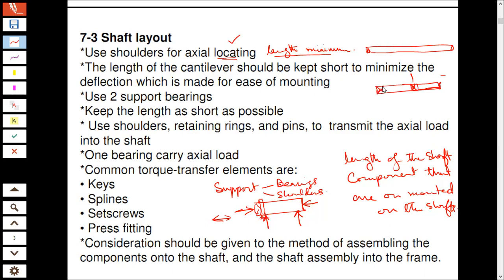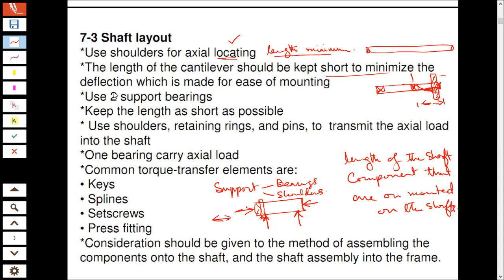So in that case, you should keep this cantilever as short as possible because you might use this for mounting a pulley or a gear or something like that. So try to keep this cantilever also as minimum as possible, so that we don't have a lot of deflection over here in the shaft.